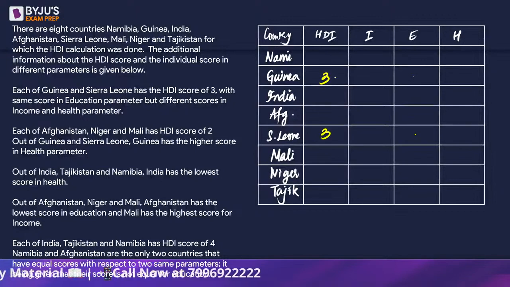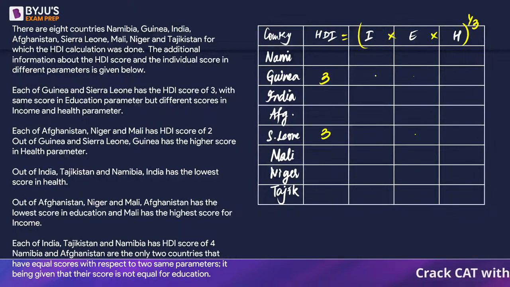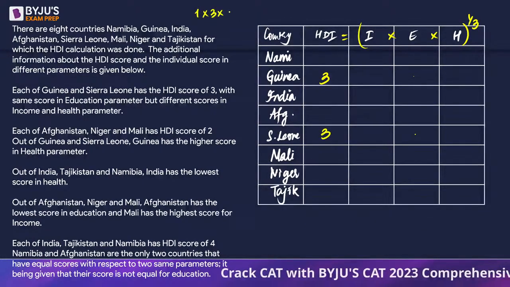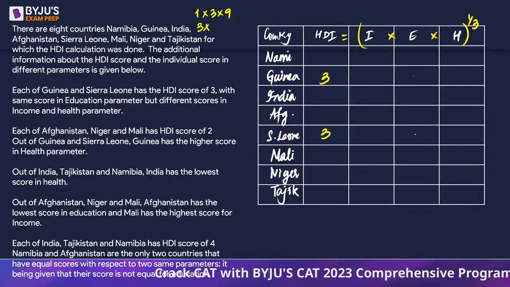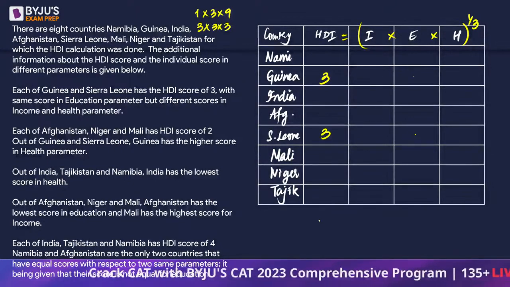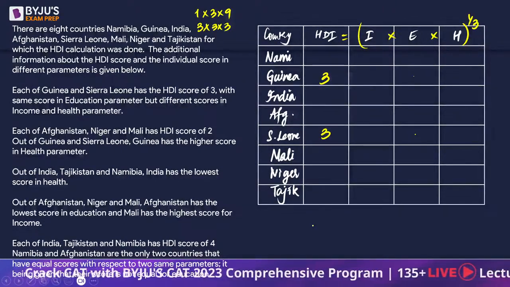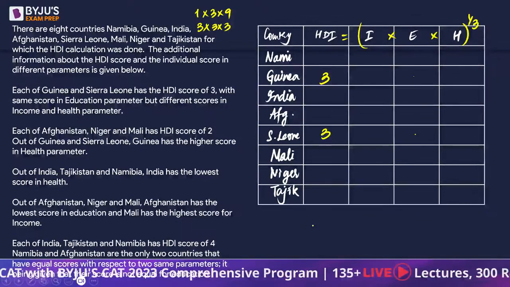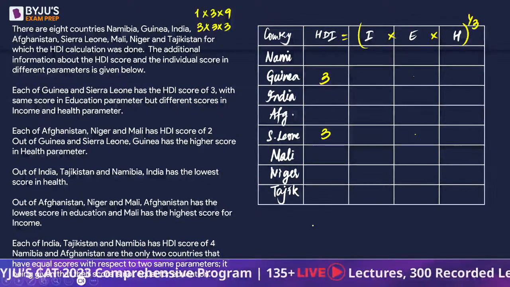Now think about this. SDI is actually the product of these three whole raised to 1 by 3. मतलब इन तीनों का product should be equal to 27, right? 3 cube. So if I need a 27, how am I going to get a 27? So can I say 1 into 3 into 9 is 27, another is 3 into 3 into 3? These are the two possibilities to get a 27 by taking the product of digits.